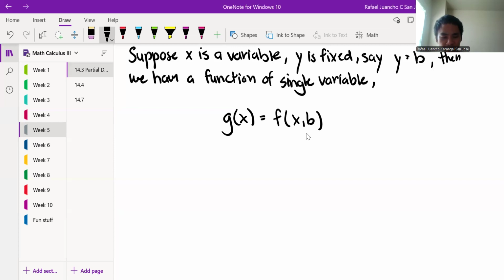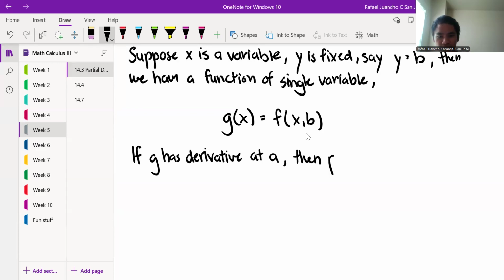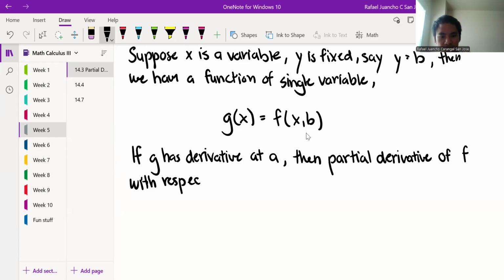So let's write exactly what I just said. If we say g has a derivative at a, then we have a partial derivative of f with respect to x at the point a, b.